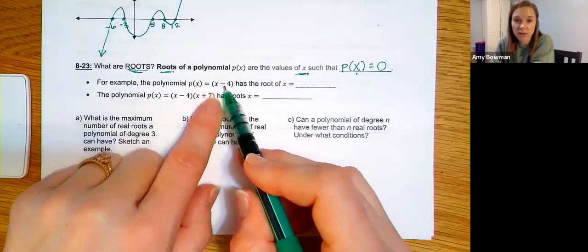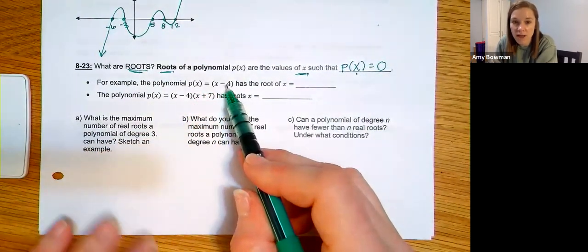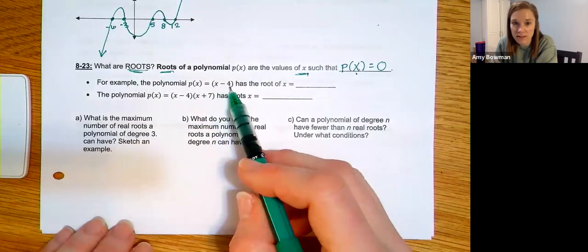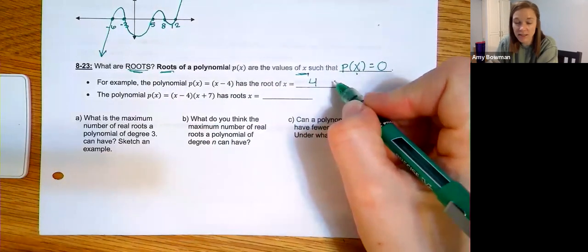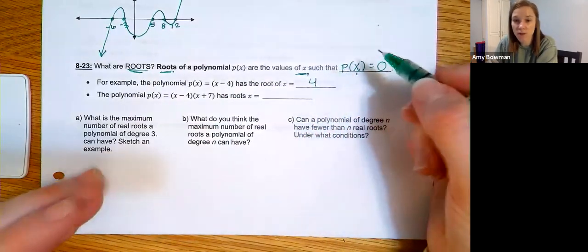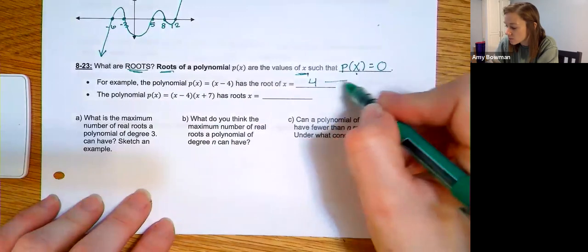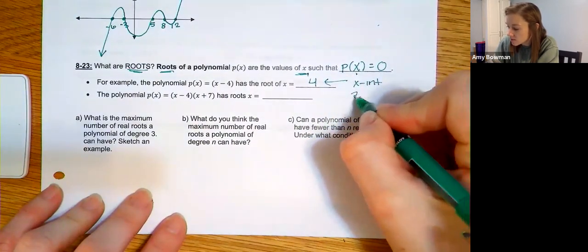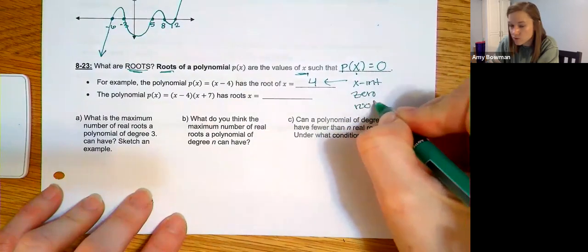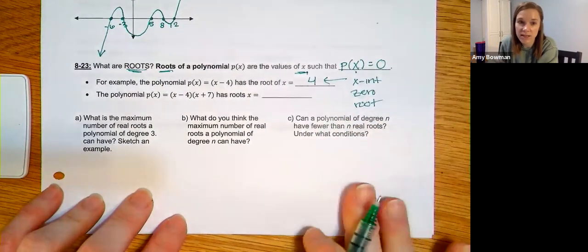It's a very simple linear polynomial. What value of x will make this equal 0? That would be 4. That would also be the x-intercept. I would also say 4 is a zero. So this 4 is an x-intercept, it's a zero, it's a root. Those three things all mean the same thing in this case.